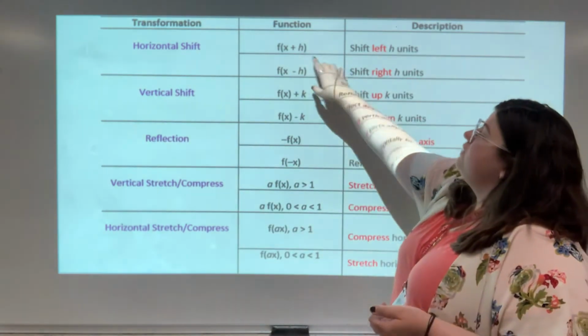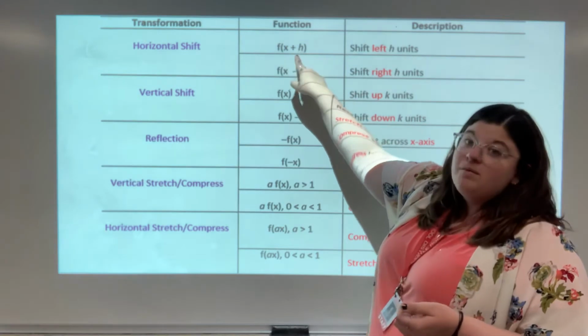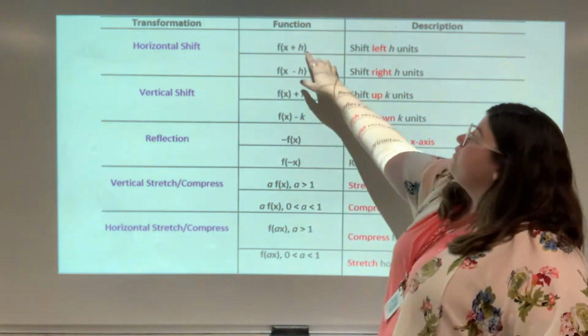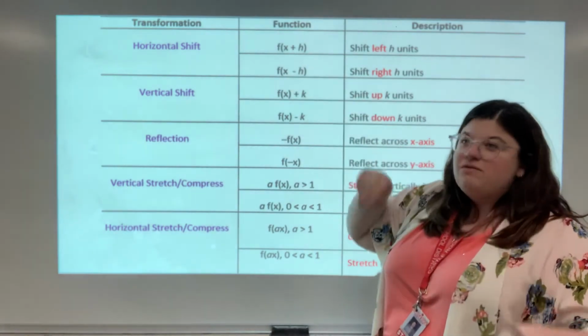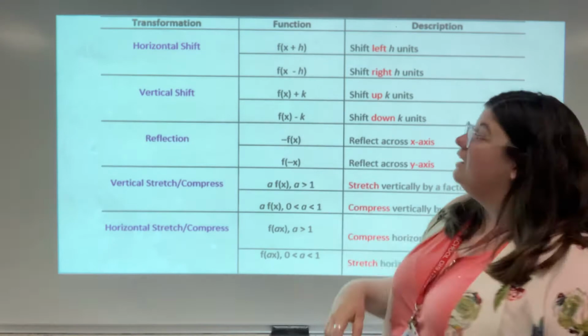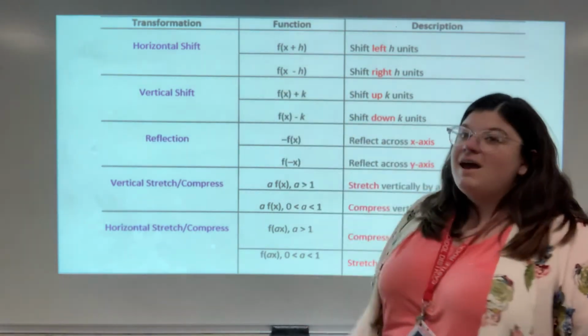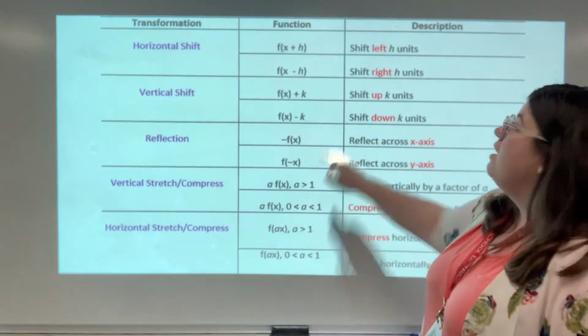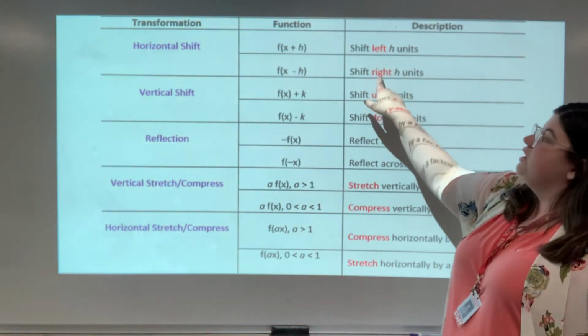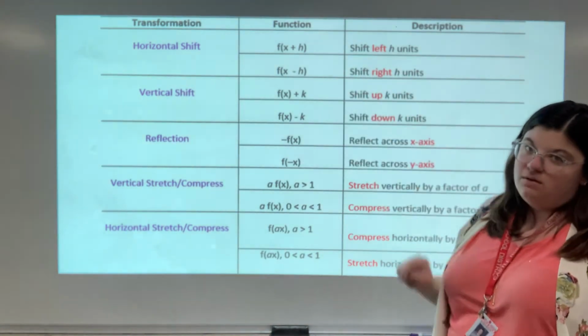So horizontal shift, if you have a parameter, something that's changing the function, all right? If you have your parameter on the inside of the function, so here it says f of x plus h or f of x minus h, those are going to correspond to horizontal shifts left and right respectively here, okay?